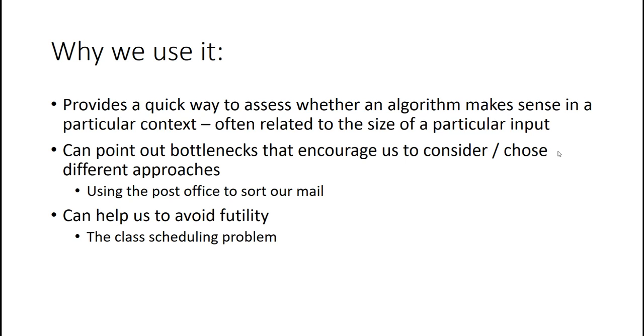Okay. We can point out bottlenecks that encourage us to choose or consider different approaches. Once again, there's a story about a company that had a sort as part of their nightly processing, and they were looking at putting a lot of money into buying new hardware for that. What ended up happening is they brought in a consultant who looked very broadly, and he realized that for what the company was doing, they basically wanted to group customers by zip codes anyhow.